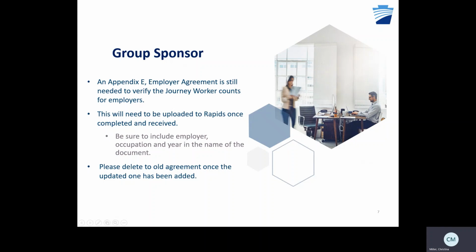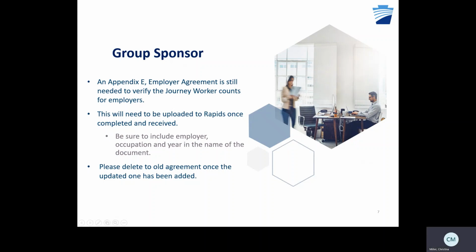On a side note, I do highly recommend that when you are naming your employer agreements, that you include the employer or an abbreviation, the occupation name or an abbreviation, and the year in the naming convention of that document.